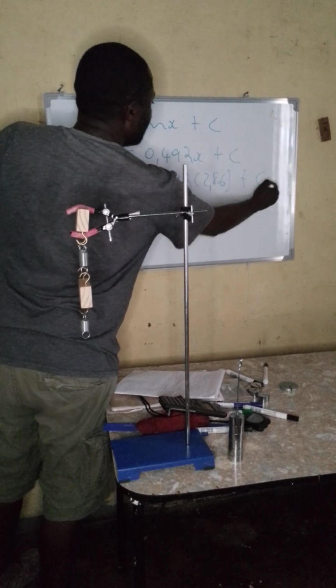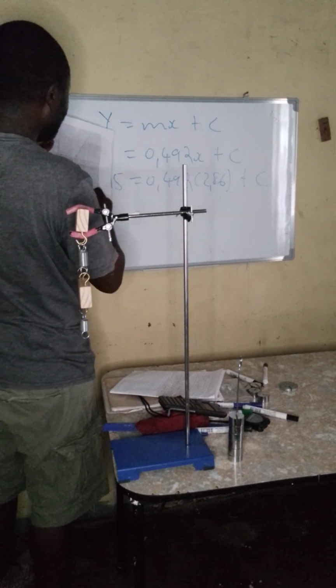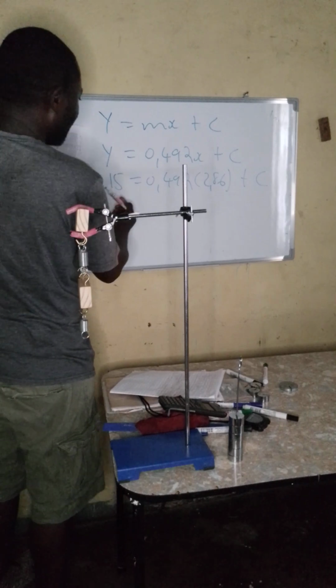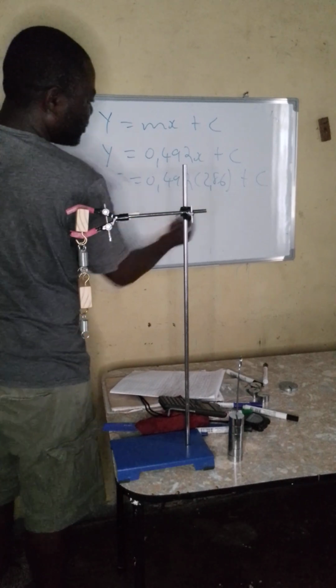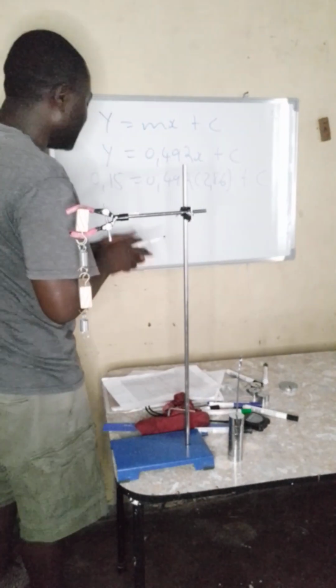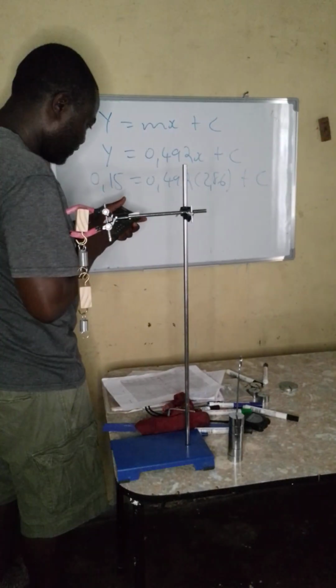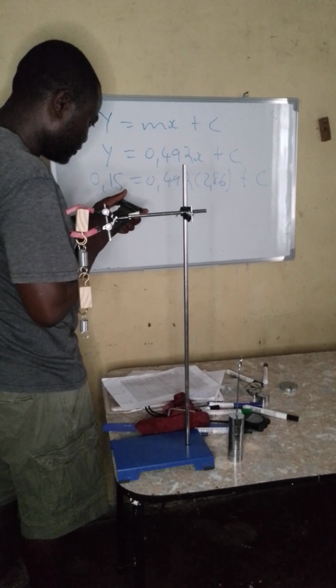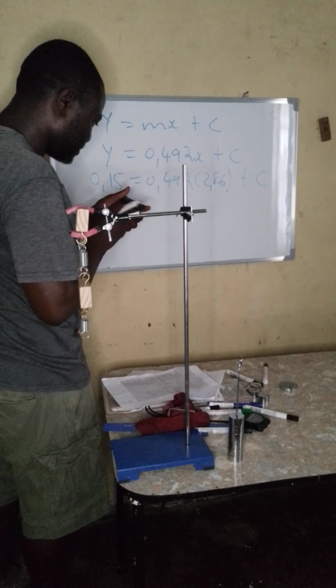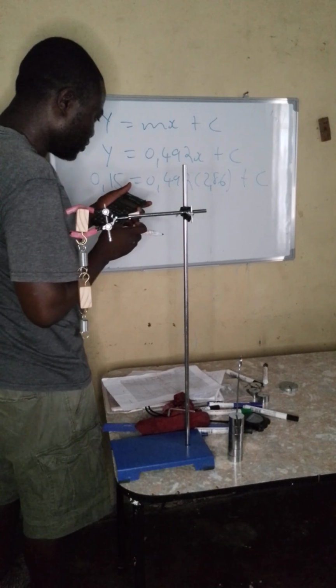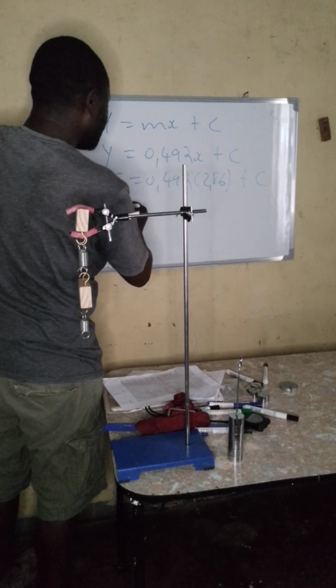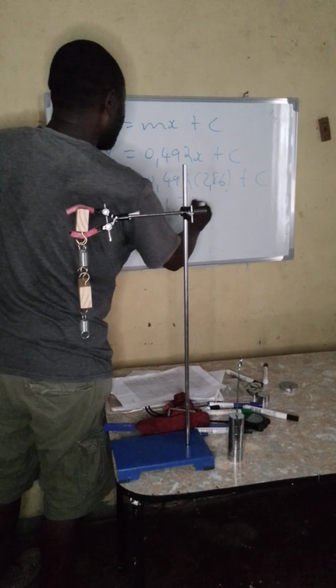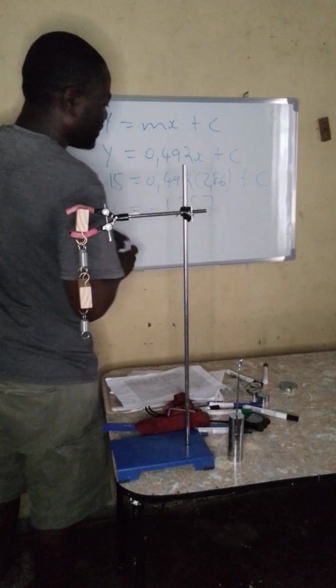Then we can deduce the intercept. We can take any values along this line and plug in the y value and the corresponding x value to get c. So we get 0.15 minus 0.492 times 2.86, which is minus 1.257. So c is minus 1.257.